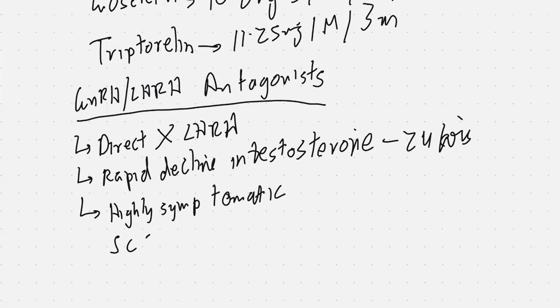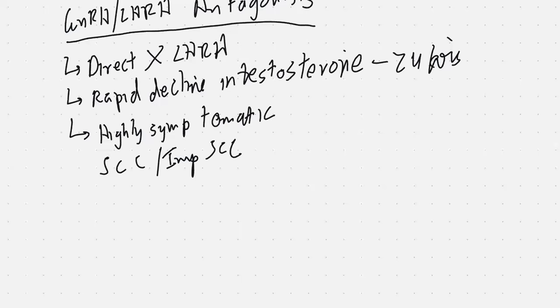Patients with urinary tract obstruction, okay? So all these scenarios where you need a rapid symptomatic response, you cannot wait for that initial testosterone surge and all that. There you can give GnRH antagonists. These act faster. They decrease the testosterone levels within 24 hours.